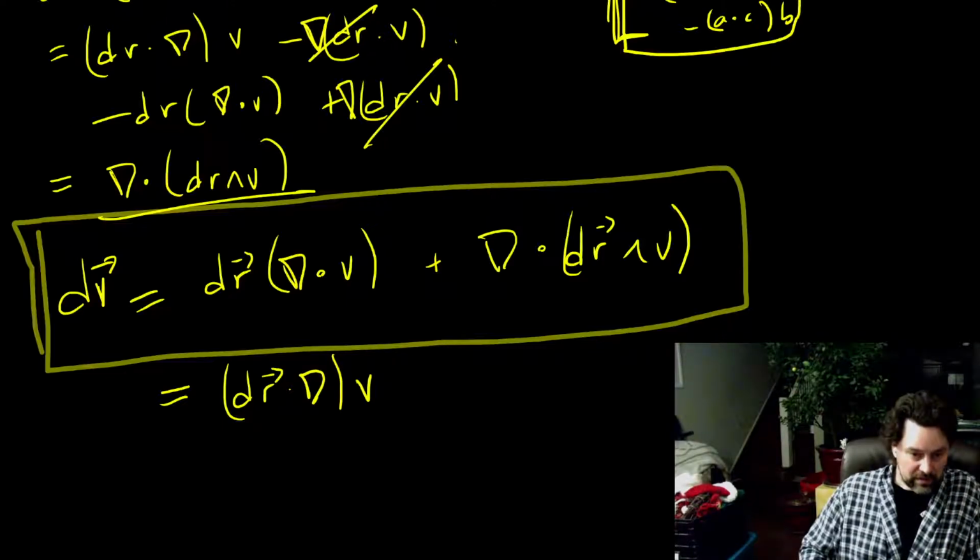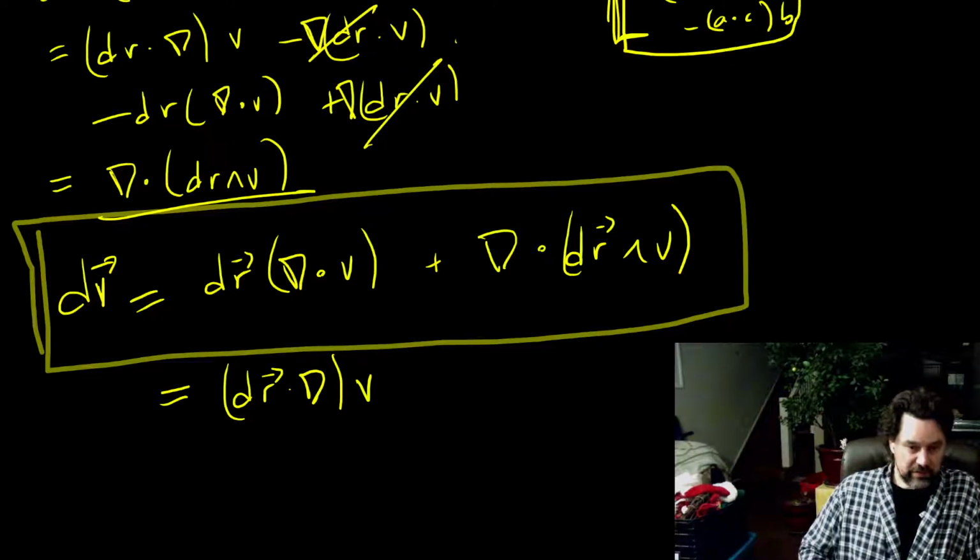However, this has the possible benefit of splitting this differential into a term that has a gradient and a term that is not the gradient, but is dr wedge v.